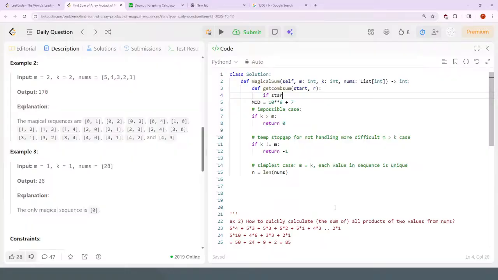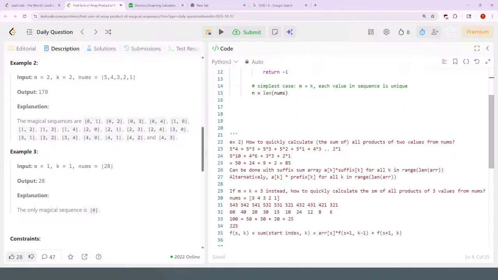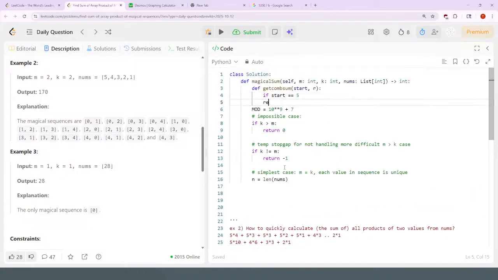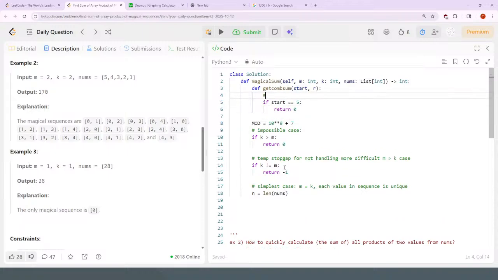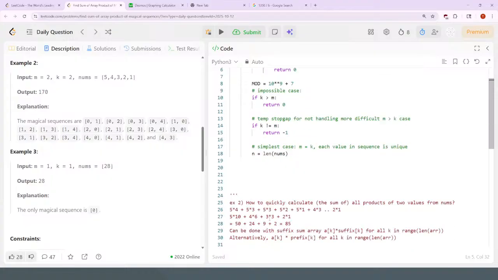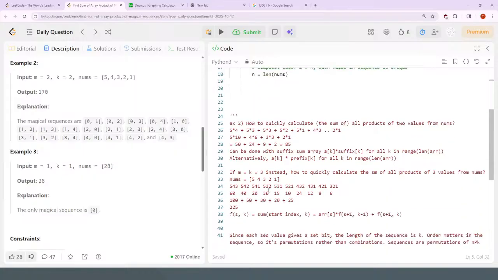If the start index is equal to the length of the nums, which is n, then that's not possible. So if the start index is 5, yeah, return 0. This is base case, or base cases probably. Or if you're choosing zero values, then I don't think it's possible.